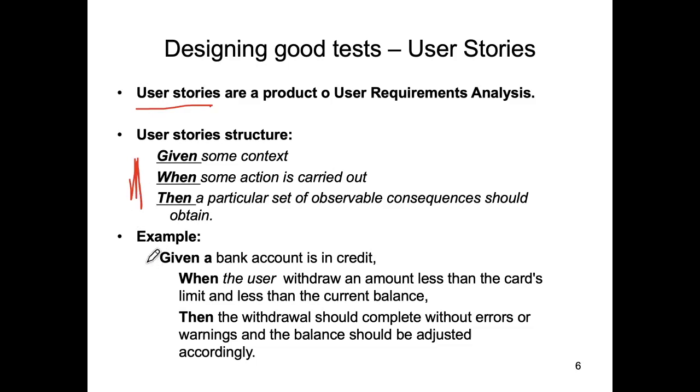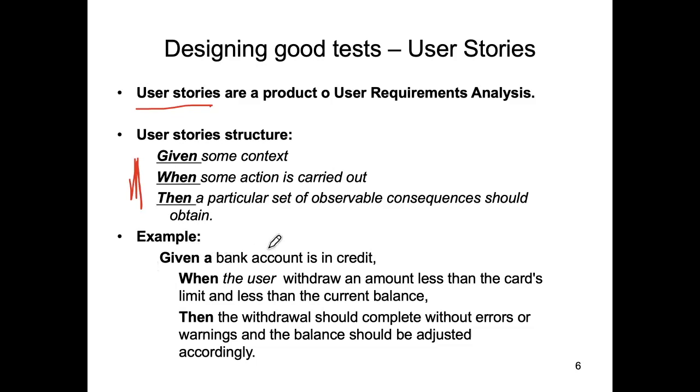Here are some simple examples of user stories. It looks like this user story might relate to some sort of banking application that you're developing, and you're testing a particular piece of the banking application that allows customers to withdraw money. The given states the particular context for a user story or a test.